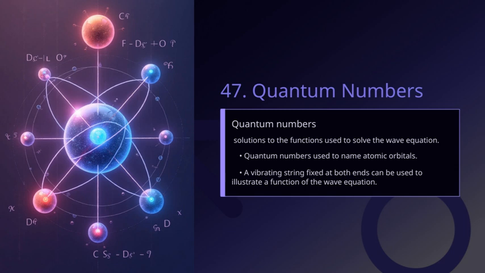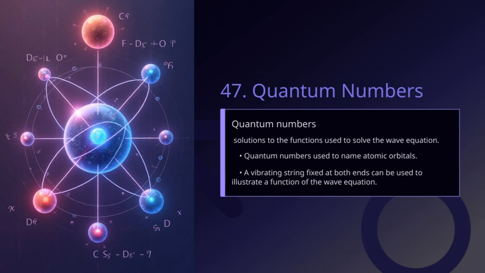When the string vibrates, it creates specific patterns, or modes, that correspond to different frequencies. These modes are solutions to the wave equation, which describes how waves behave in such systems. Now, shifting gears a bit, in atomic physics, we use something called quantum numbers to name and describe atomic orbitals. These quantum numbers essentially label the solutions we find when solving the wave equation for electrons in an atom.